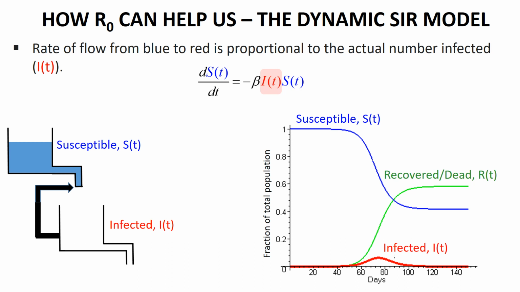Those infected go to zero, which means the rate of change goes to zero, which means susceptible levels off at a non-zero value. It is, of course, possible that susceptible could go to zero, in which case all the water would go through, but not in this particular case. And what actually happens will be dependent on that important number R0.